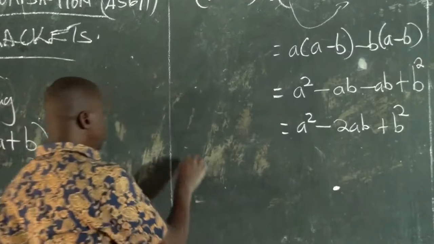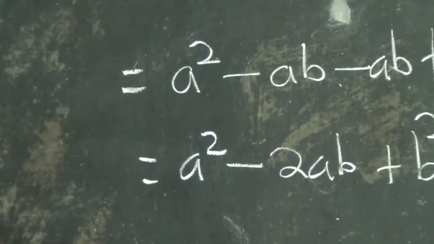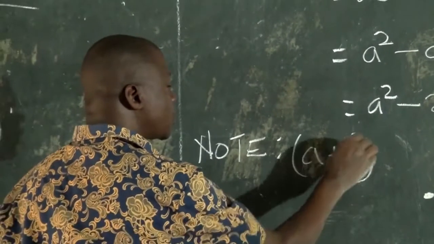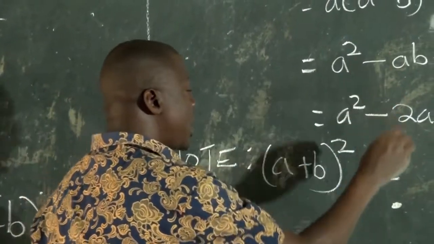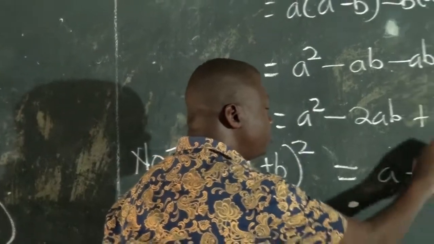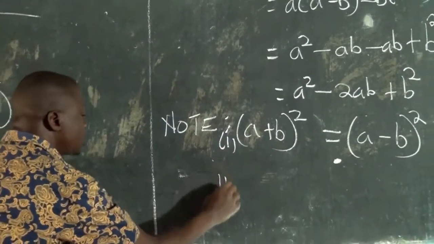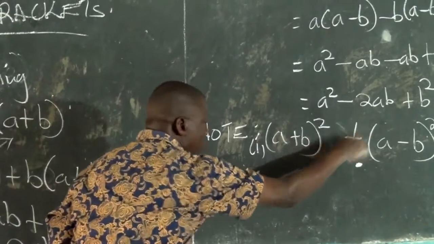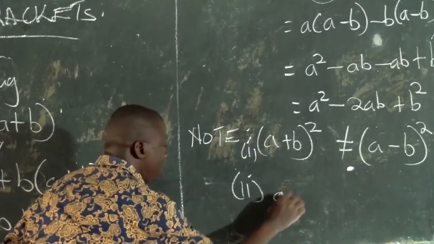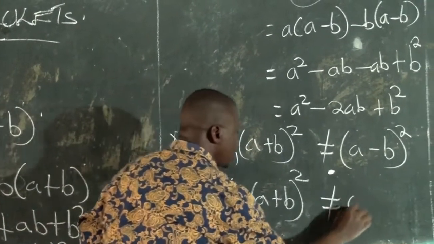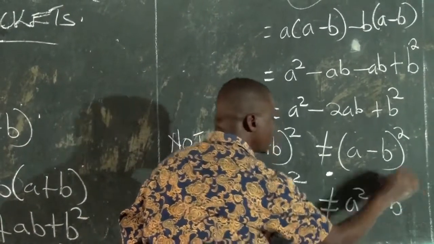I want you to note this. a plus b squared is not the same as a minus b squared. That is case 1. Case 2: a plus b squared is not the same as a squared plus b squared.